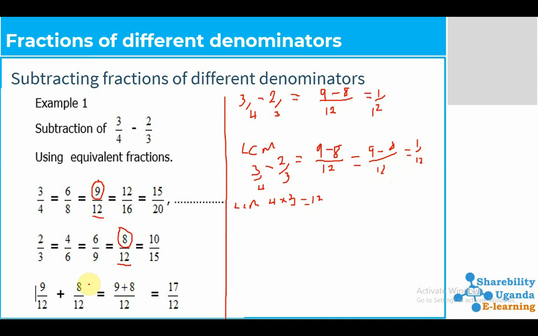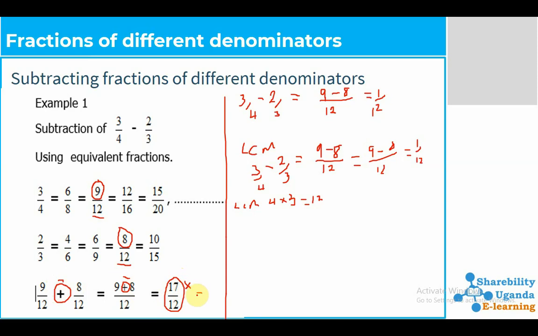Here they used addition, yet we are subtracting. Here they are supposed to use subtraction for them to come up with the right answer. So this answer is right for addition, but wrong for subtraction.